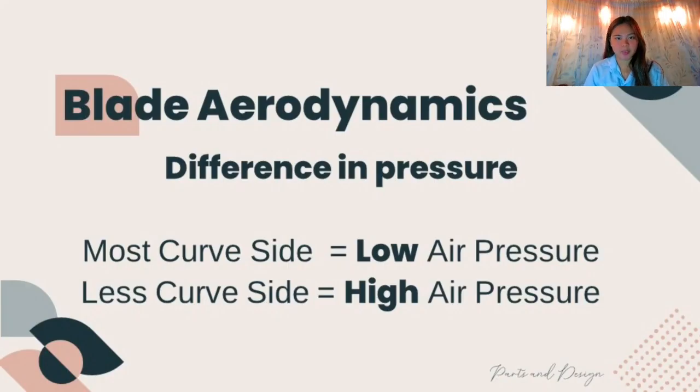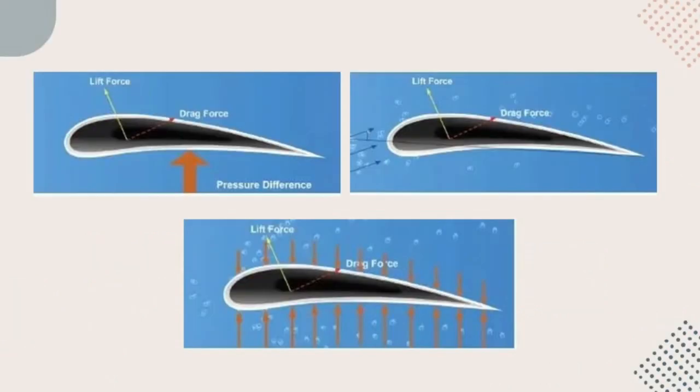Blade aerodynamics. Difference in pressure. The most curved side equals low air pressure, and the less curved side equals high air pressure. The difference in pressure on the surfaces of the wind turbine blade is a key factor in understanding the aerodynamics of the blade and consequently the generation of lift.